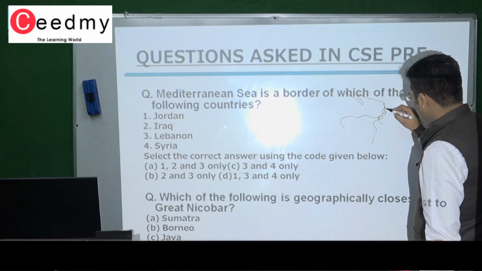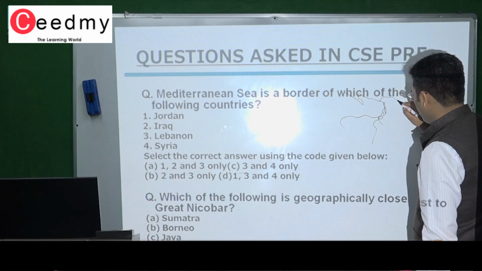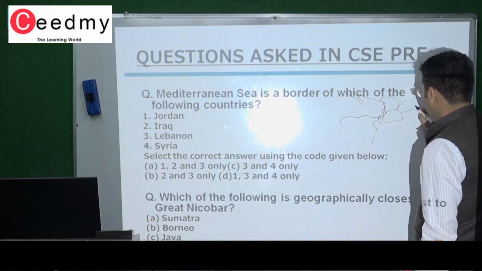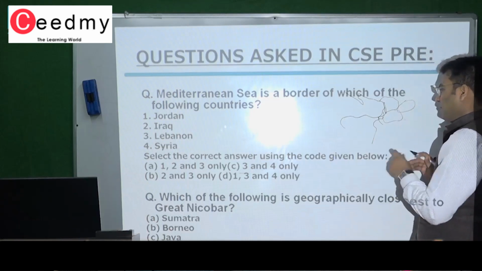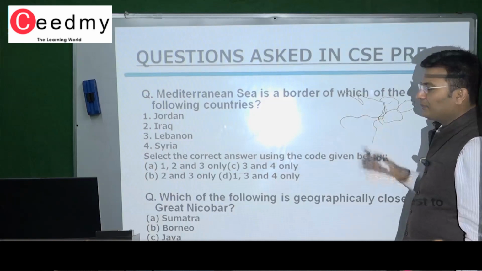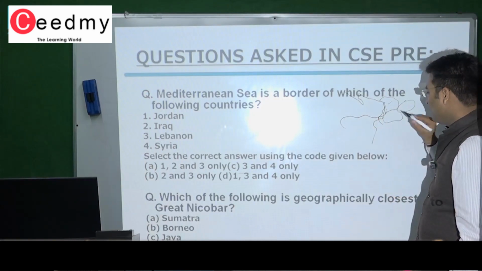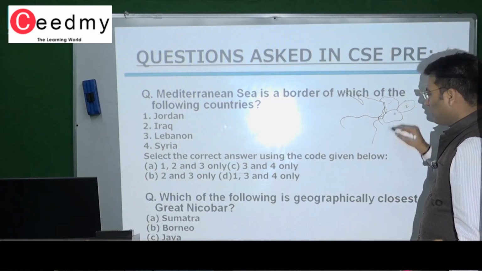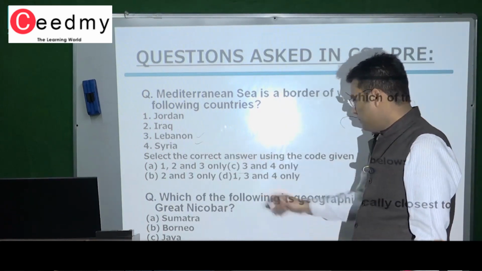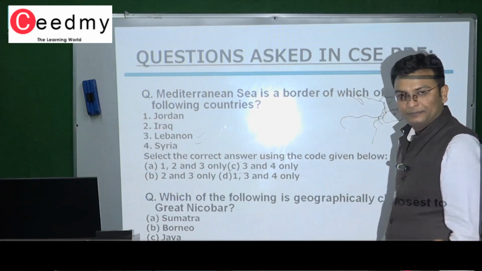Israel, Lebanon, this is Syria, whole of Syria, and this is Jordan, and this is Iraq. So you can easily find out that Lebanon and Syria touch the boundary with the Mediterranean Sea, and Israel, not Iraq and Jordan. So the answer is Lebanon and Syria, 3 and 4. The answer is option C.